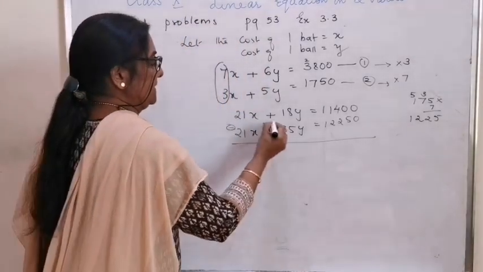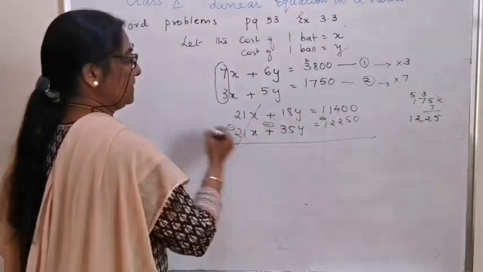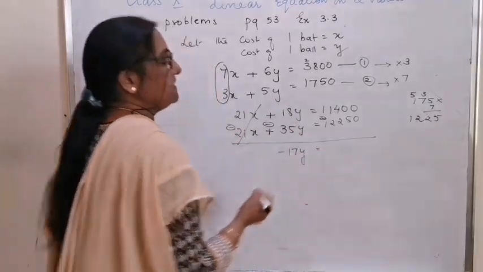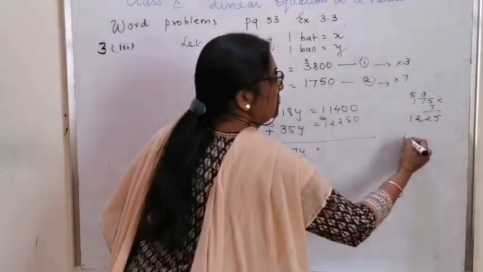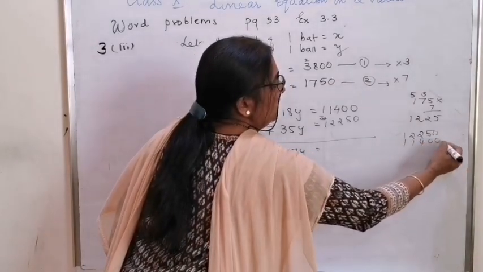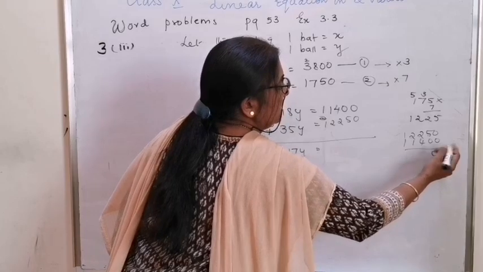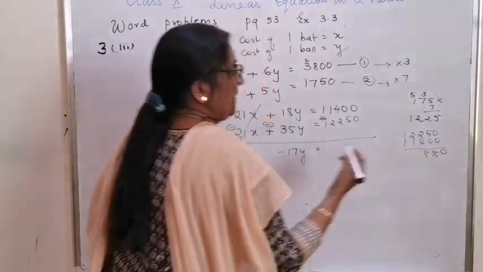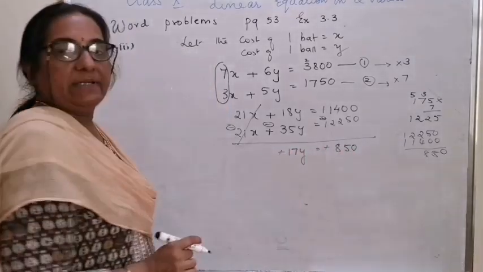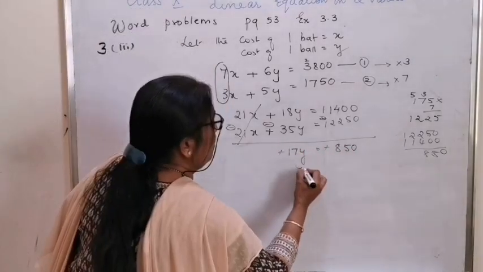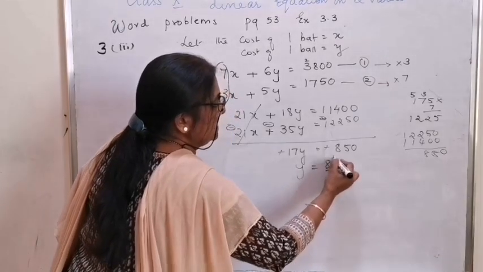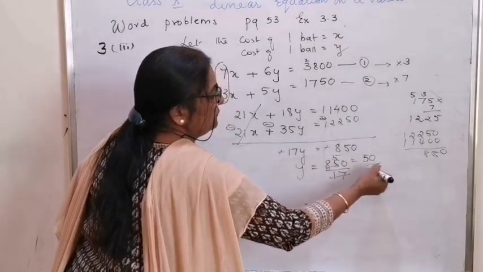By subtracting the equations, 18y minus 35y is giving you minus 17y, and 12,250 minus 11,400 is giving you 850, or negative 850. Negative cancels, so y is equal to 850 divided by 17, which is equal to 50.